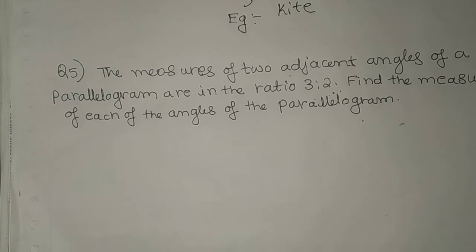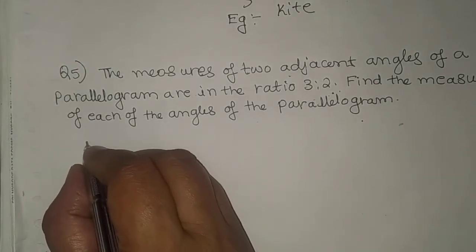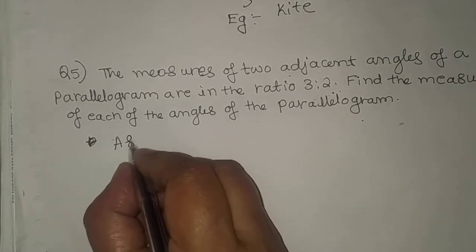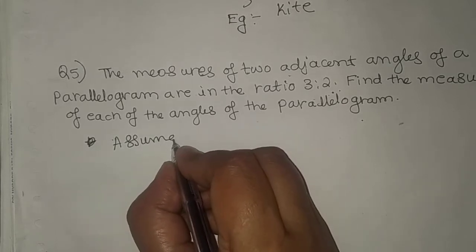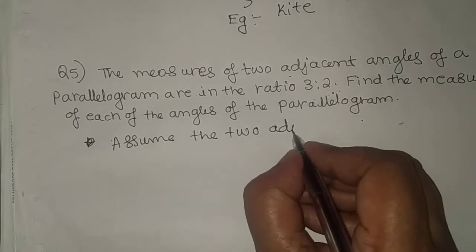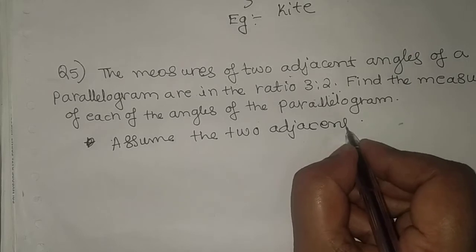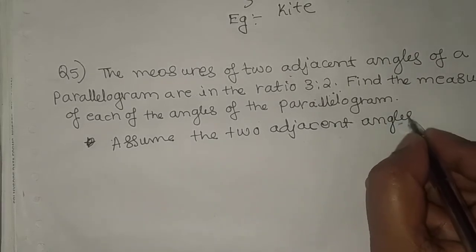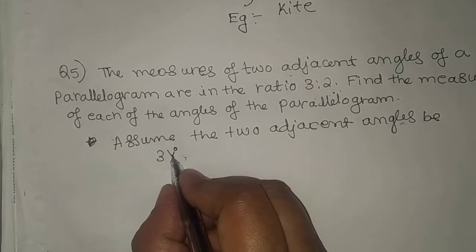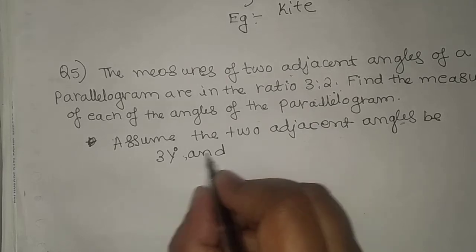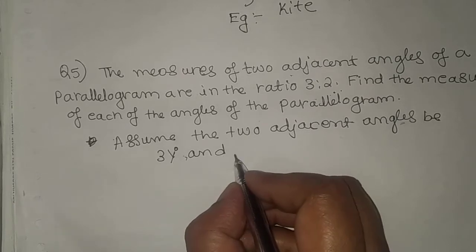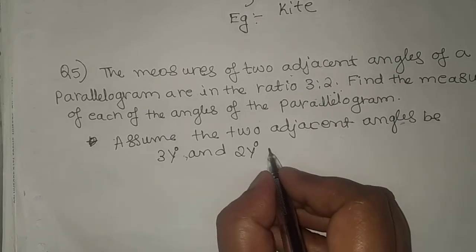First step is to assume the two adjacent angles. They have given the ratio 3:2, so we can take the two adjacent angles as 3y degrees and 2y degrees.